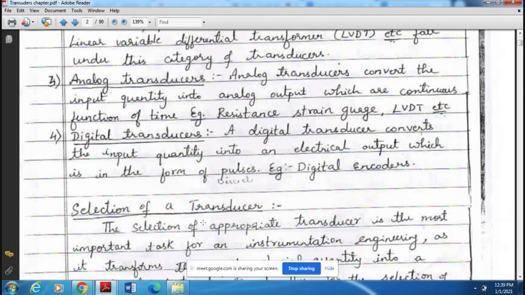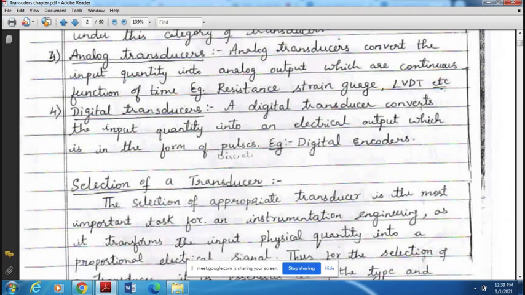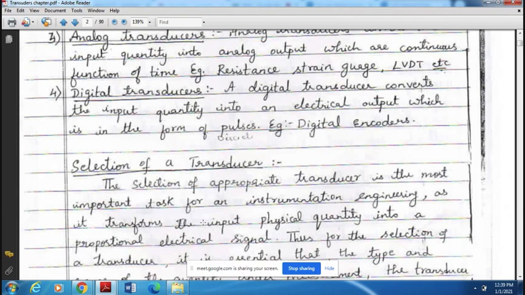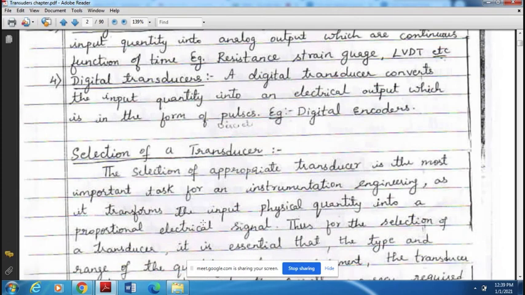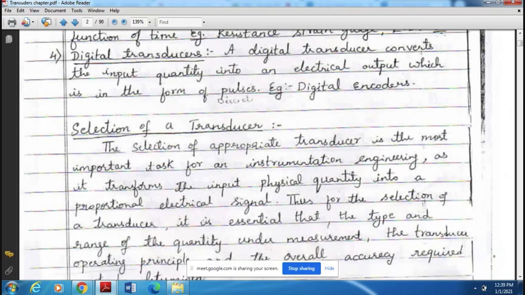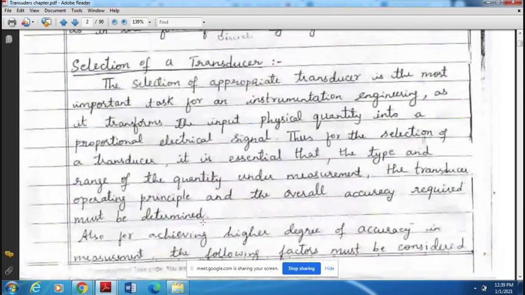Let us see. Selecting an appropriate transducer is the most important task for any instrumentation engineer, as it transforms the input physical quantity into a proportional electrical signal. For the selection of the transducer, it is essential that the type, the range of the quantity under measurement, the transducer operating principle, and the overall accuracy required must be determined.